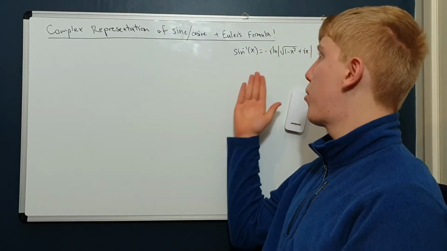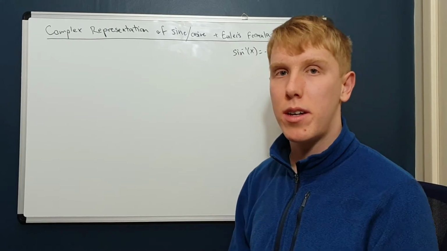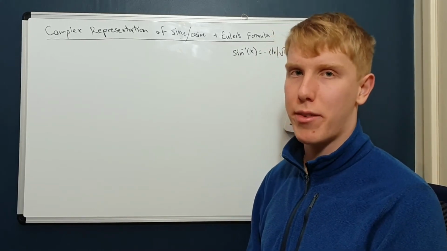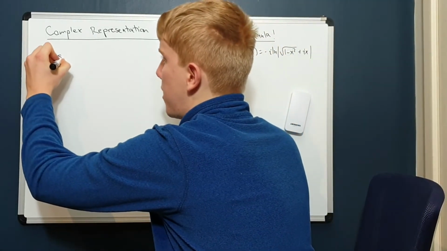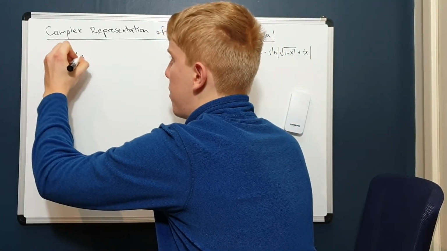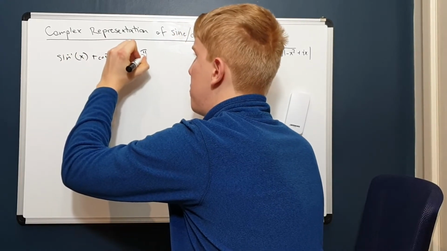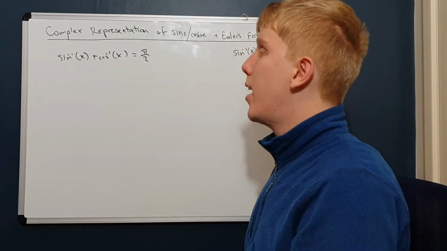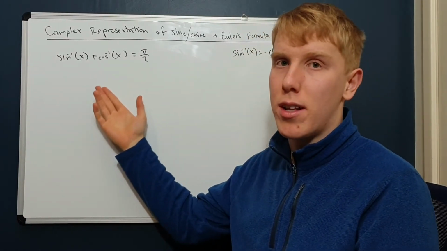Next, using our previously derived expression for the inverse sine of x, we'll now be finding the expression for the inverse cosine of x. And the way we'll be doing that is by applying this identity that the inverse sine of x plus the inverse cosine of x is equal to pi on 2 radians, or 90 degrees. And you can prove this identity by drawing a right-angled triangle with hypotenuse length 1.